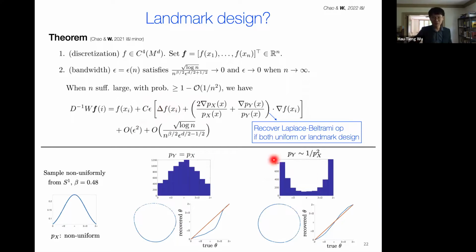And this is a very simple simulation showing that suppose the original px is non-uniform, and py is taken to be px, and if you do the embedding, you will see something very skewed. But if you choose py to be 1 over px squared, it is much better.